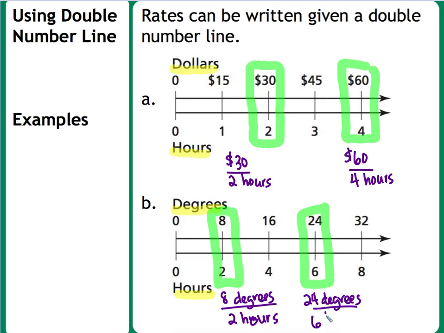And again, if we simplified each of these, we would have the same rate. So 8 to 2, 16 to 4, 24 to 6, 32 to 8 are all going to simplify to 4 degrees in 1 hour.